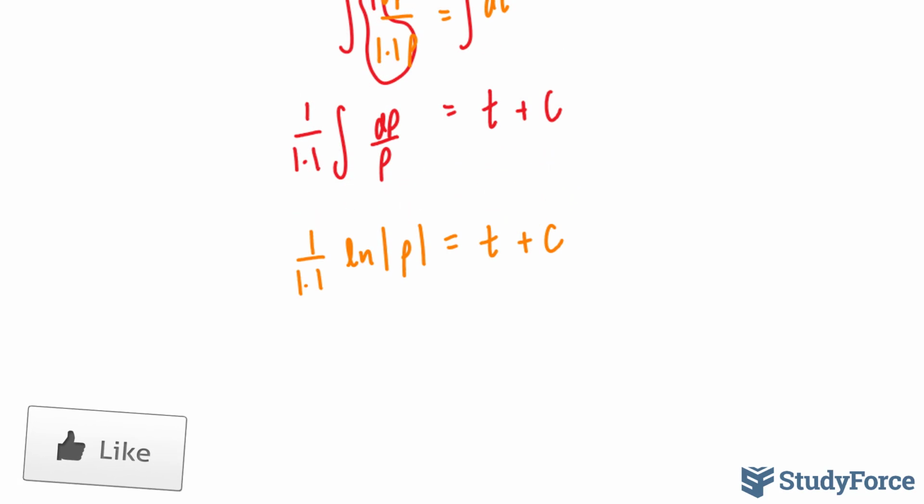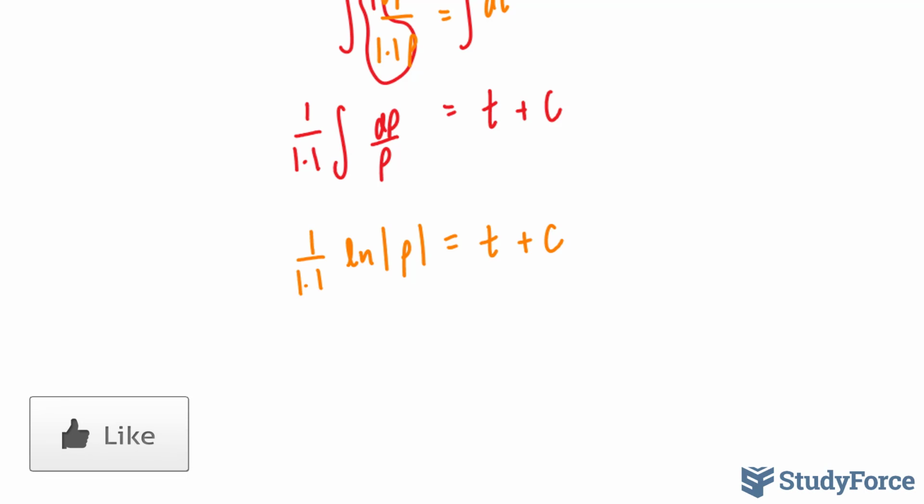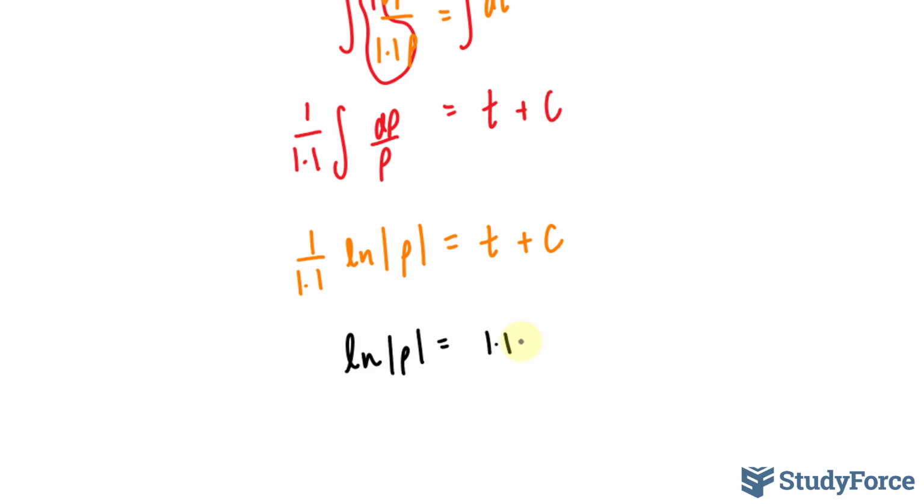Now that I've gotten this far, what I'll do next is multiply both sides by 1.1. That will clear the denominator on the left side. Ln absolute of p is equal to 1.1 t plus c. Now you're probably wondering, if I'm multiplying both sides by 1.1, why don't I put a 1.1 in front of the c as well?